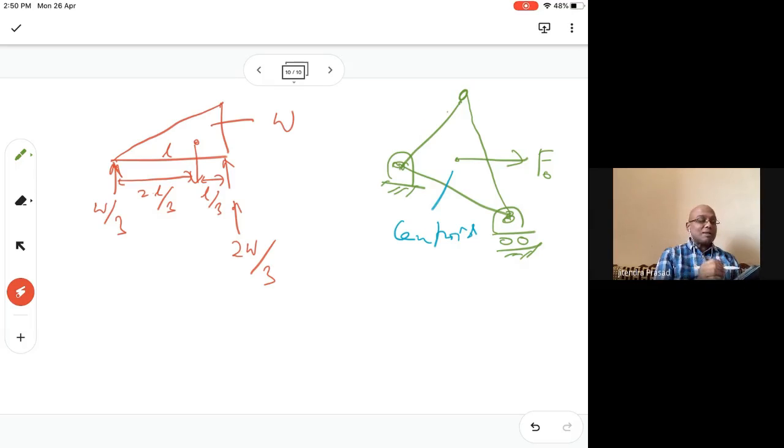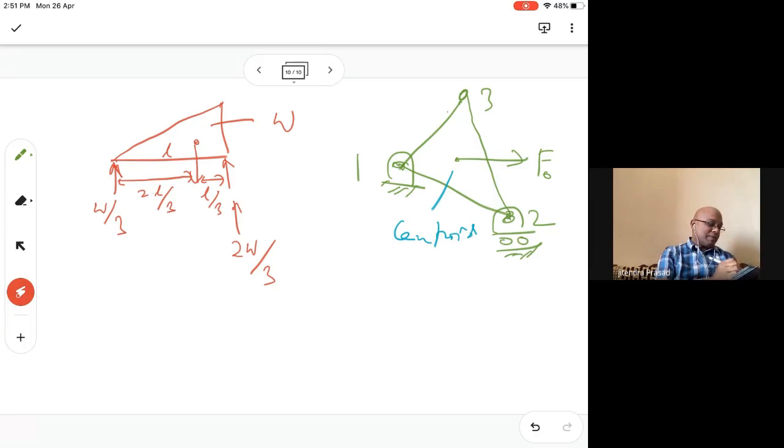Again, it's very easy. Since there is no node at the centroid, we only have nodes here: node 1, node 2, node 3. The force is here. Since this is the centroid, it will be just distributed 1/3 here, 1/3 here, 1/3 here, as simple as that.